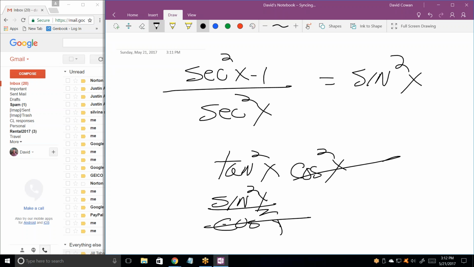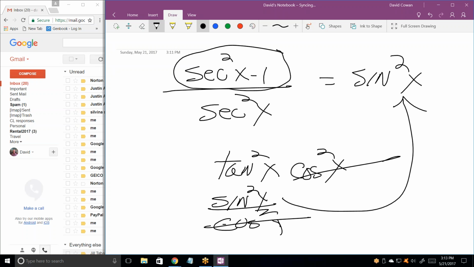That cancels with that. So the key here is when you see expressions like that, think Pythagorean identities. Then that turns it into tangent, which can be expressed in terms of sine and cosine. So can secant be expressed in terms of cosine. So all of that's going to come down and simplify quite easily.